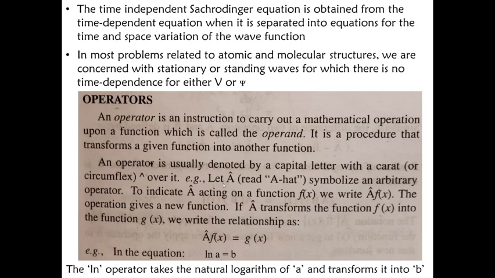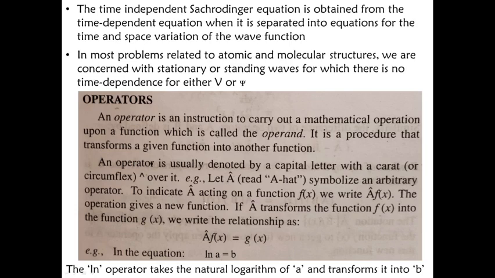We can call it a hat, and it symbolizes an arbitrary operator. We just indicate an operator. So normally an operator is represented like this: a capital letter, and above it there should be a hat. So we call it a hat.